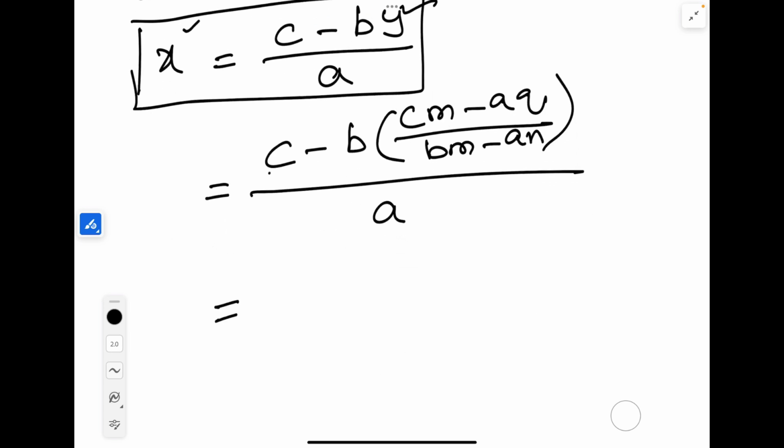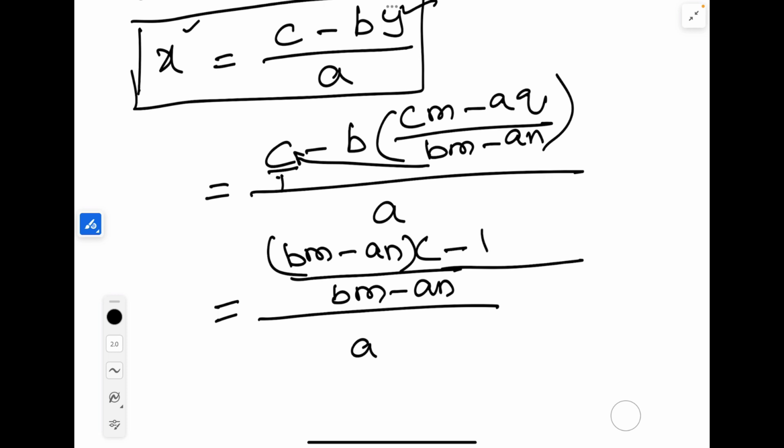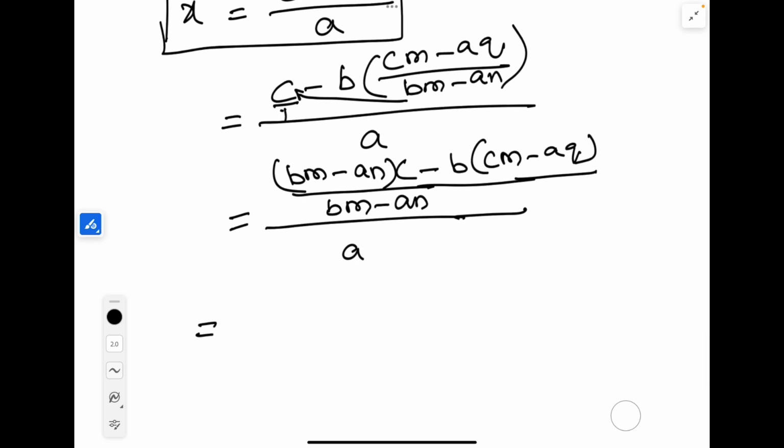Now here this is c by 1. Now we can take the LCM in the numerator. LCM will be bm minus an. Now if the LCM is a one-time product, go with cross multiplication. So we will be getting bm minus an times c minus b into cm minus aq. Remove the bracket.